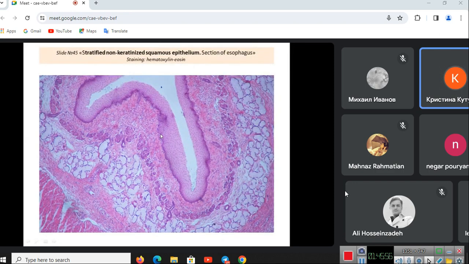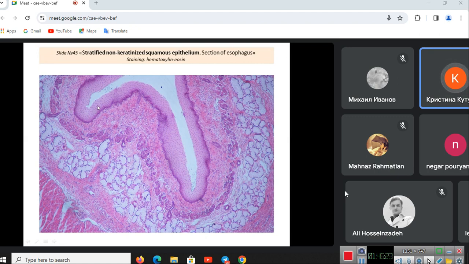Stratum basal cells look more dark basophilic because they have smaller volume of cytoplasm, and so their cell nuclei are located more closely together, and it gives us more dark basophilic look of this layer.